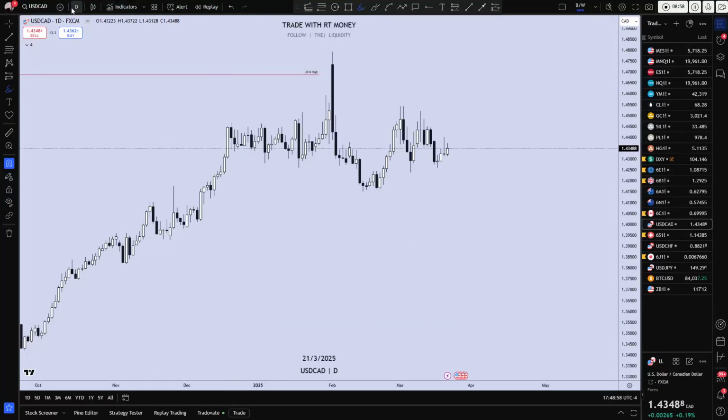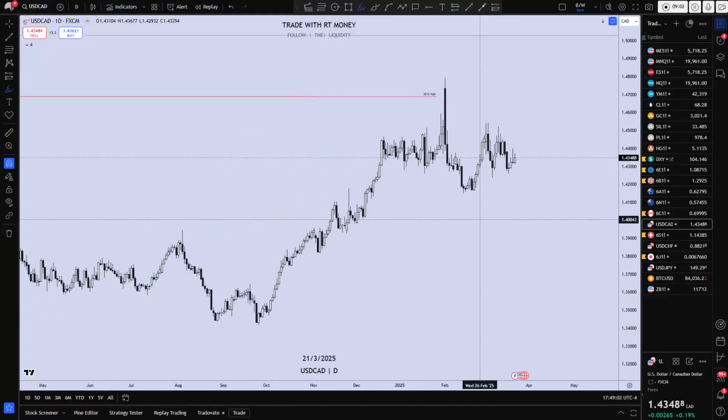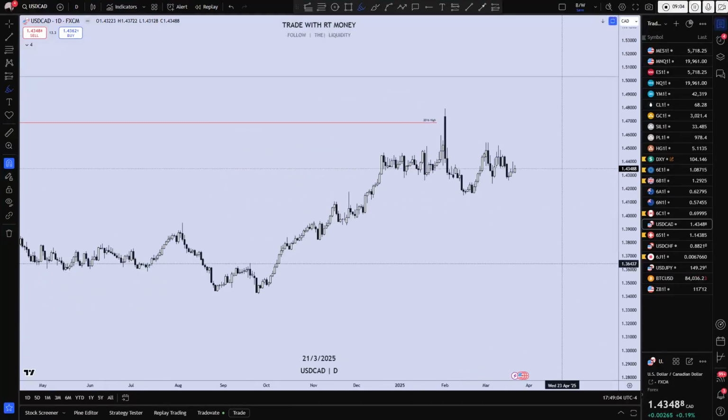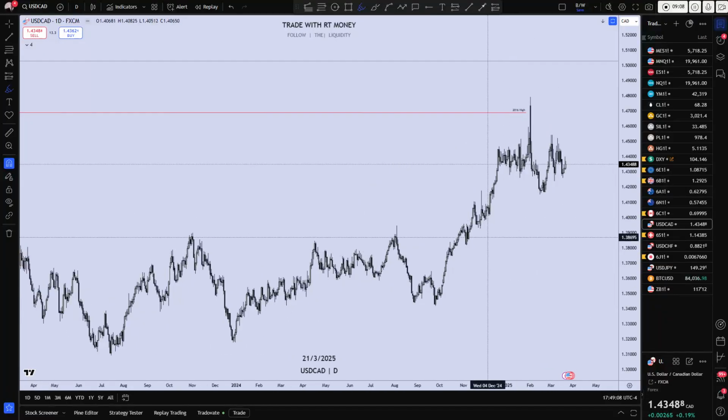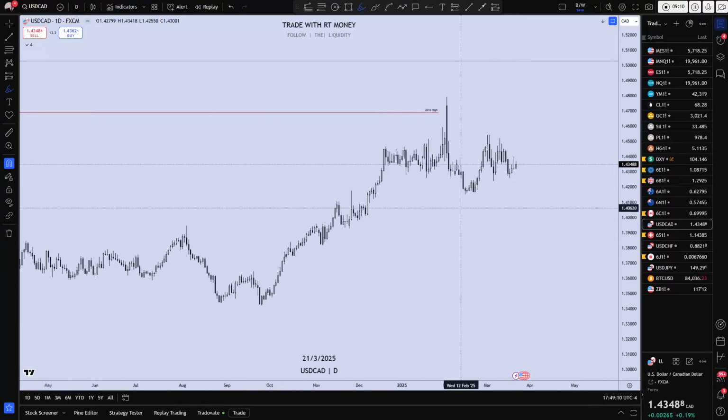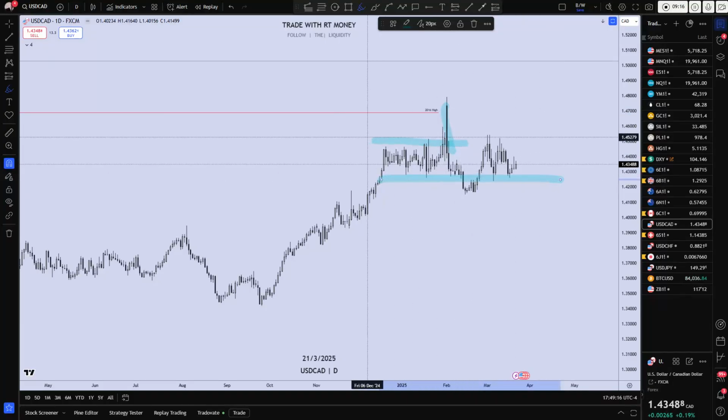If we look at the US dollar CAD for those that trade with FX brokers, it's not much different. You can see the breakout of this consolidation.